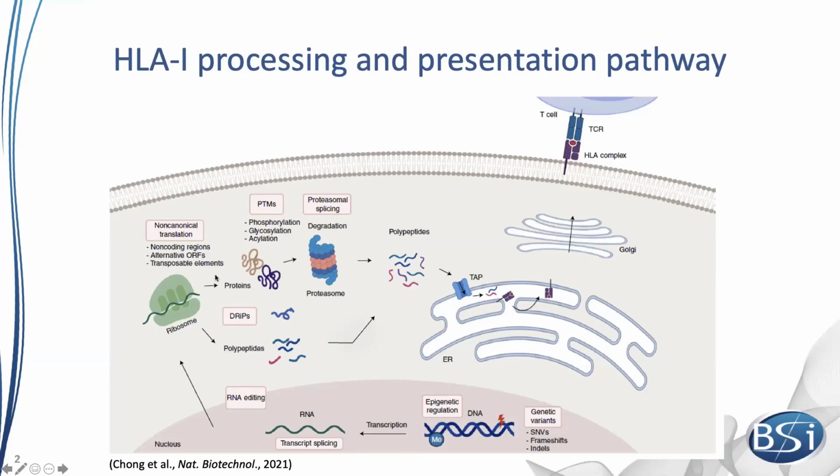After translation, proteins will get degraded by the proteasome and chewed up into shorter peptides that are then transported into the ER through the TAP complex for assembly into HLA complexes, and then transported to the cell surface for display. Since many of these cannot be identified in generic databases, that's where the power of de novo sequencing comes in to help identify these other products.